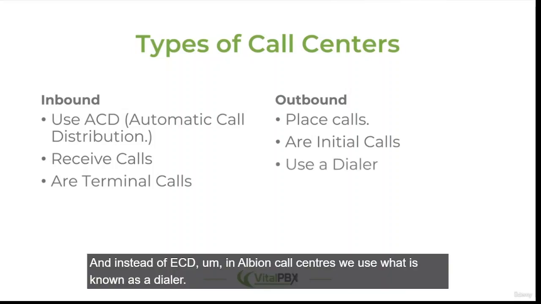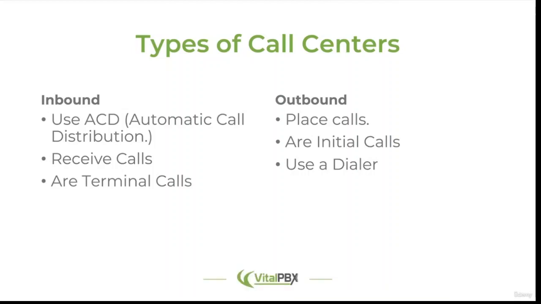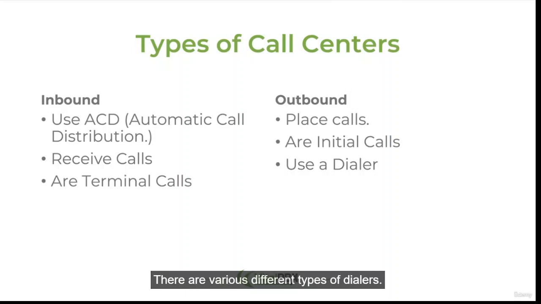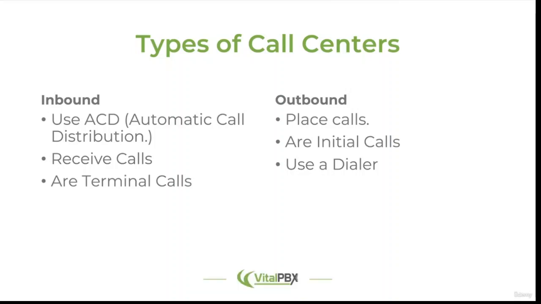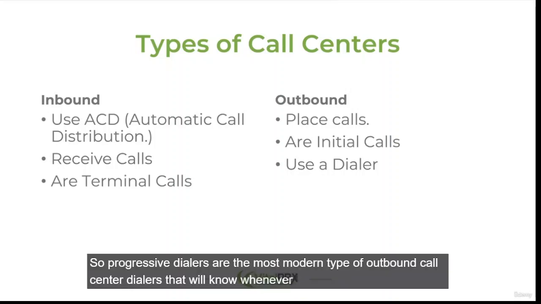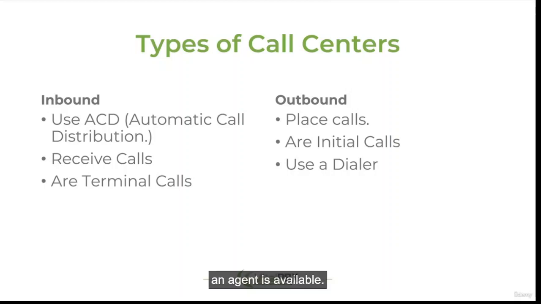And instead of ACD, in outbound call centers, we use what is known as a dialer. There are various different types of dialers. We have progressive, and then we have predictive. Progressive dialers are the most modern type of outbound call center dialers that will know whenever an agent is available.